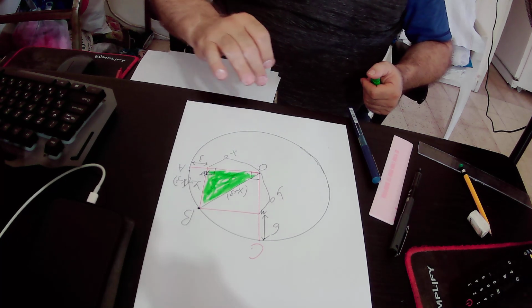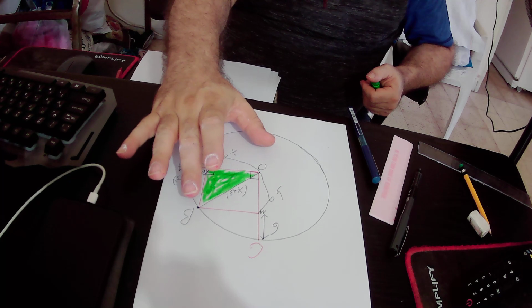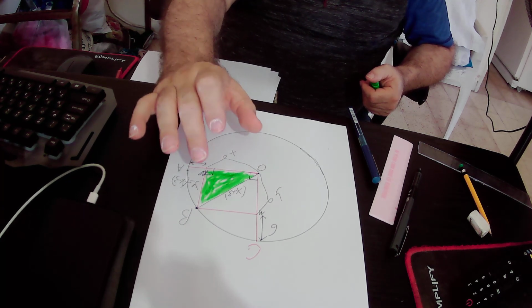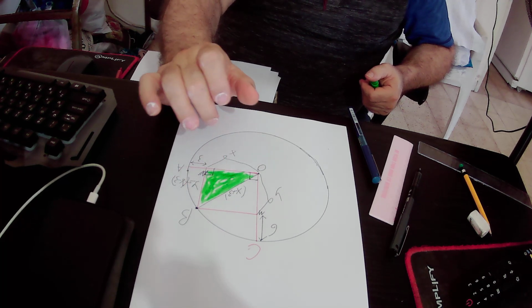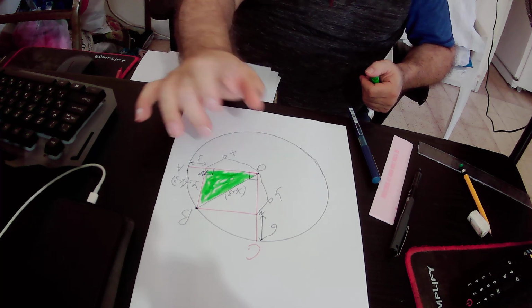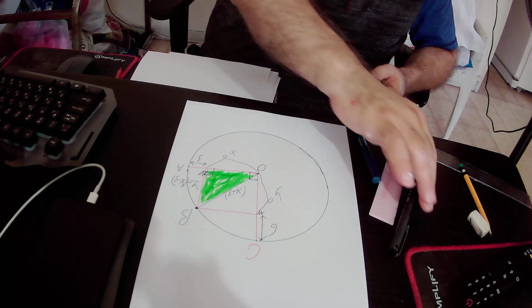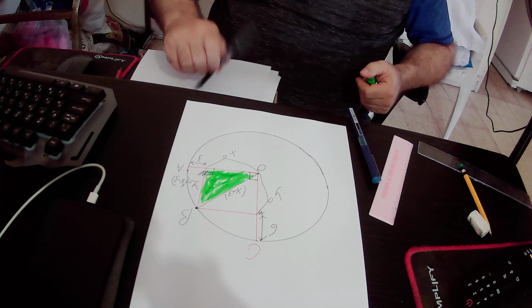Okay, so according to the Pythagorean theorem, the square of the hypotenuse equals the sum of the squares of the perpendiculars. That is to say, OB squared, that is the square of the hypotenuse, equals the sum of the squares of the perpendiculars. That is to say, OB squared equals ON squared plus BN squared. Okay, I will write it down. So that will be our second equation.